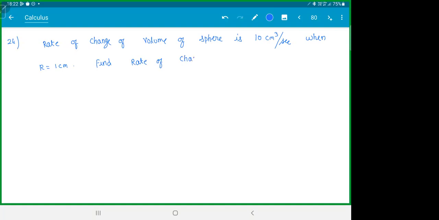Find the rate of change of surface area. This time it's reverse. I gave you volume and am asking for surface area. Till now I was giving you the radius and asking you volume and surface area. Same thing, we just twisted a bit. Get it?